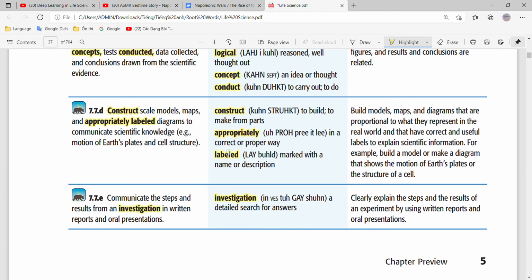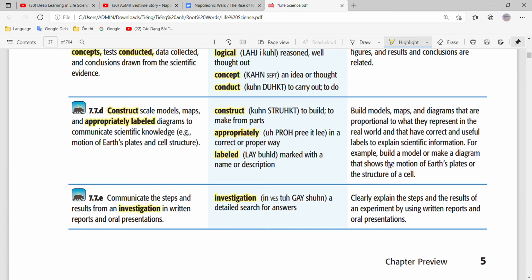Appropriate is in a correct way. Label is to mark with a name or description. Build models, maps, or diagrams that are proportional to what they represent in the real world and that are correct and able to explain scientific information.